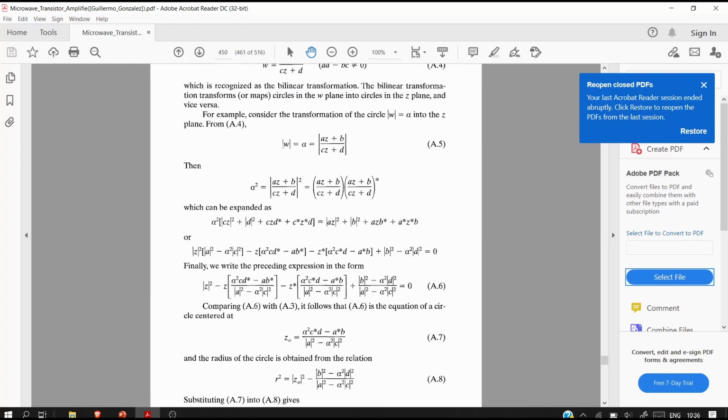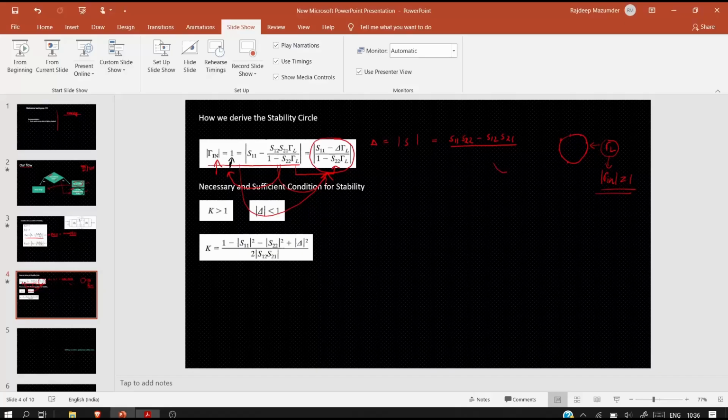So if I compare my equation with this and get the values for A, B, C and alpha, where alpha is already defined as 1, if I come to know A, B, C and D, then from that transformation I can write my center and my radius.